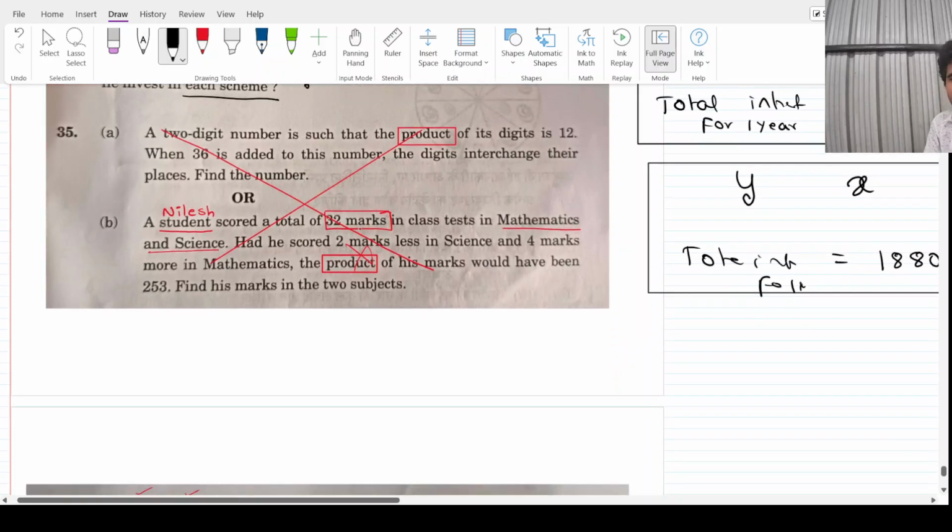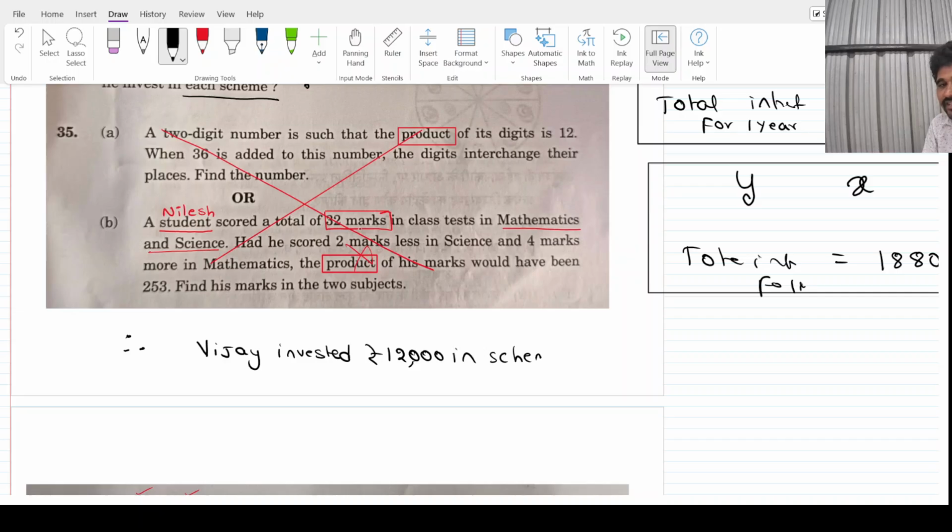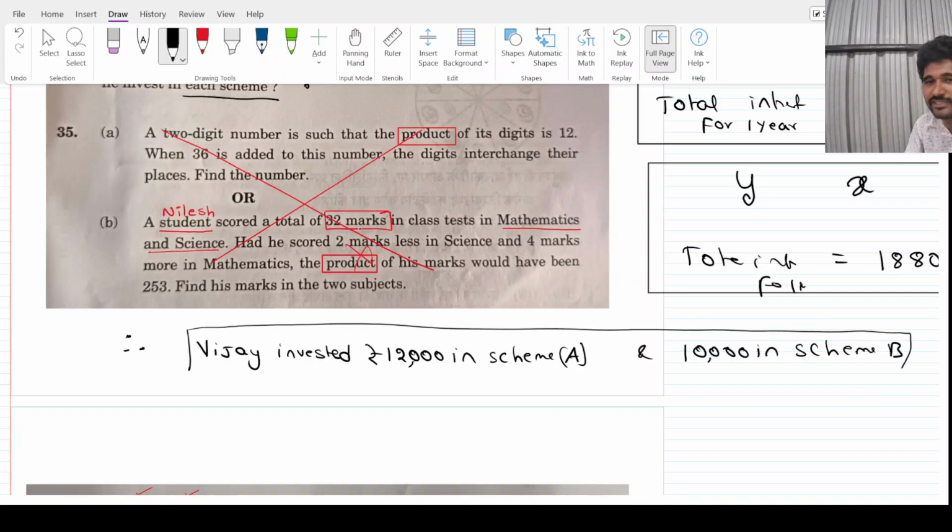Therefore, Vijay invested 12,000 rupees in scheme A and 10,000 in scheme B, and you have to make a box for this.